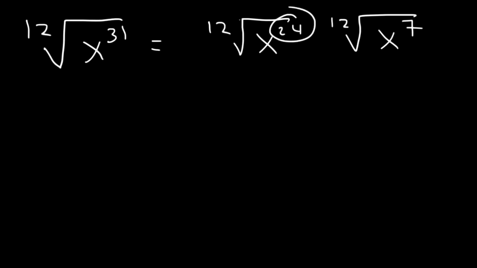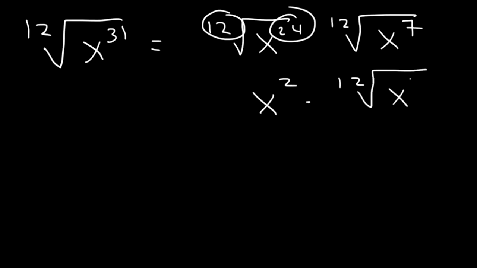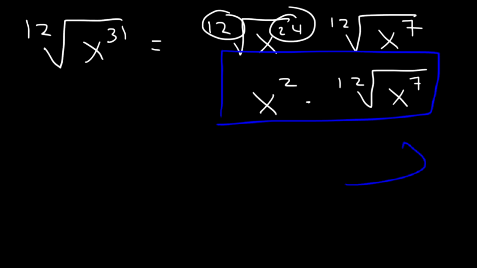Now, 24 divided by 12 is 2, so this is going to be x squared times the 12th root of x to the 7. So if you want to simplify it, that's the final answer.